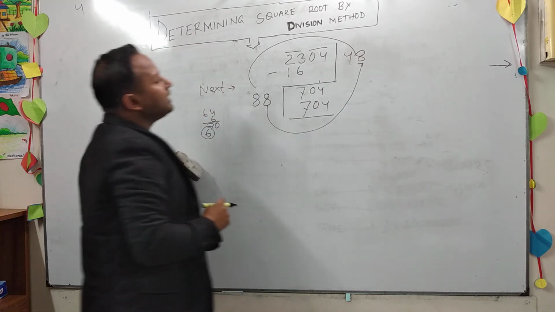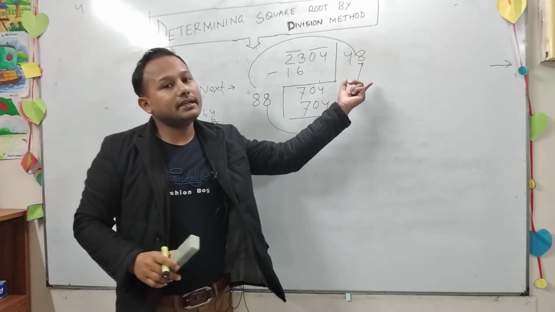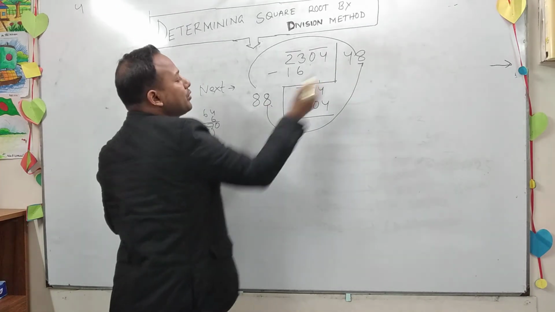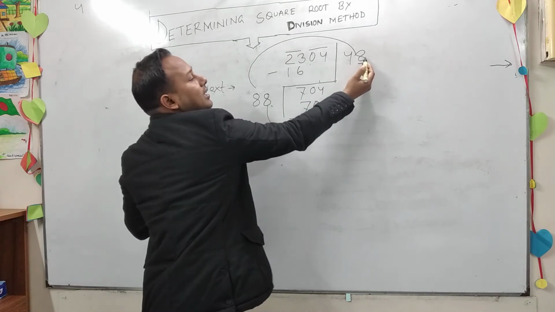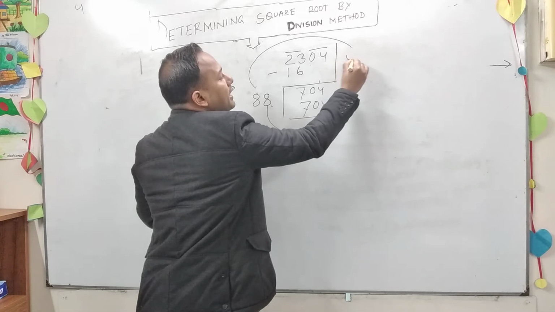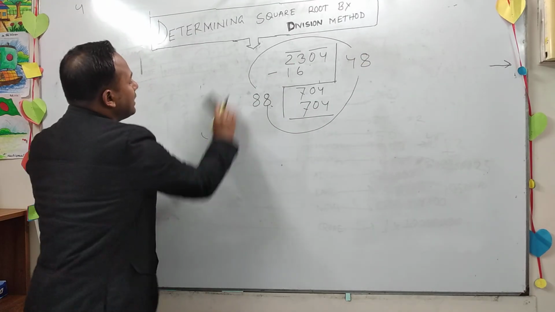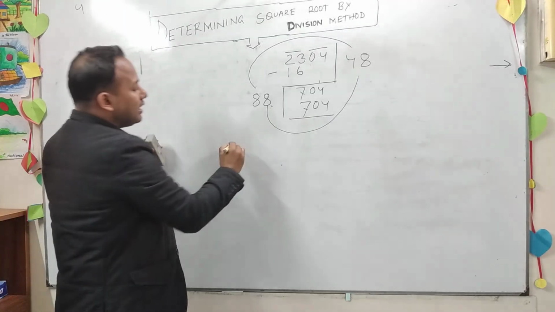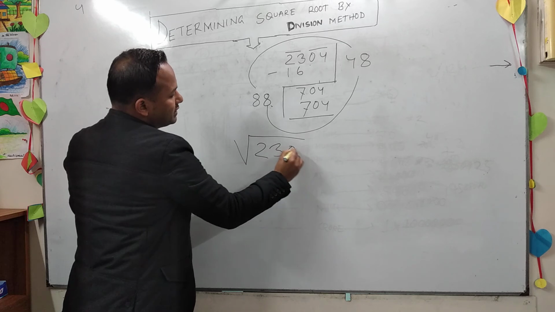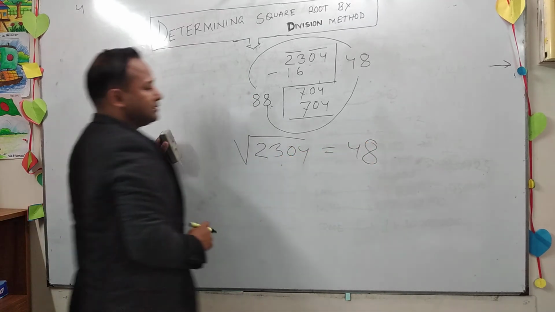So 48 is the answer, because after 4 we took 8, and this 8 came here and that became 48. So 48 is the answer of this math. That means if you take the square root of 2304, the answer is 48.